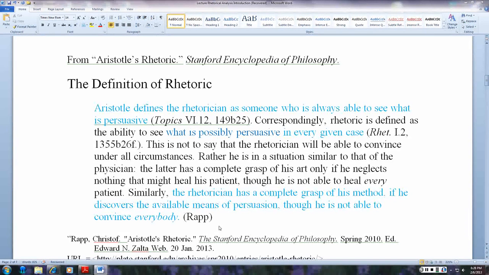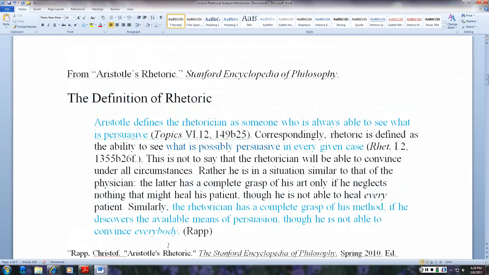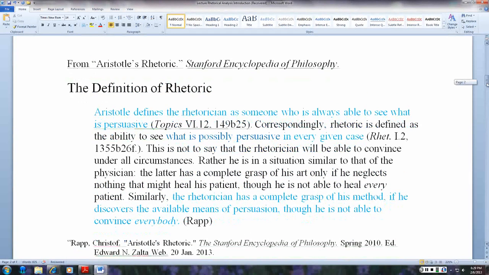It came from the Stanford Encyclopedia of Philosophy, which was updated in the spring of 2010. There is an editor to the website. The information came from the web and the date of access. Here I provided the URL for the information so that you could go to it easily, but that information is not required as a part of the bibliographical citation.